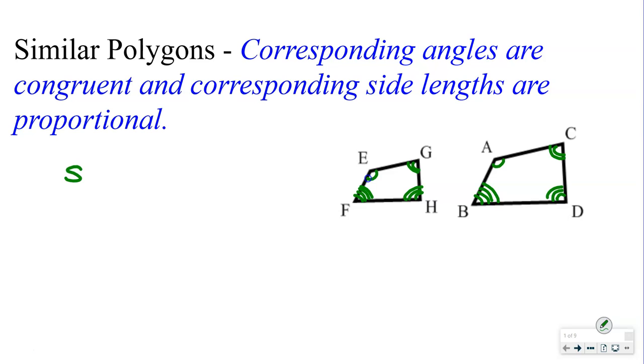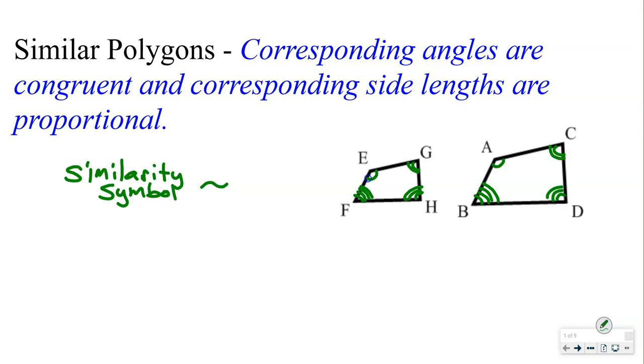And we're going to show that in our similarity statements. Instead of a congruent symbol, we'll use a similarity symbol. The similarity symbol is just the little squiggle that we normally see on top of the equal sign.